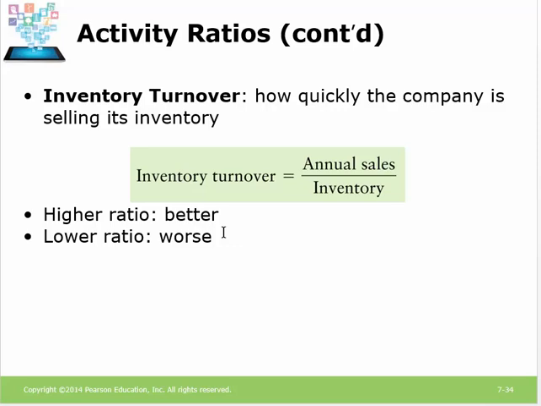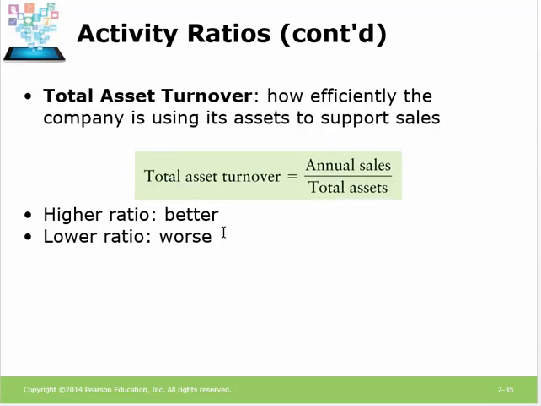Inventory turnover. Again, how quickly do we convert inventory into sales? Again, a higher ratio is better. A lower ratio is worse. Obviously we want to produce products and we want to sell them. The quicker we can do that, the more often we can make money. And the last of the ratios to look at here is called the total asset turnover ratio.